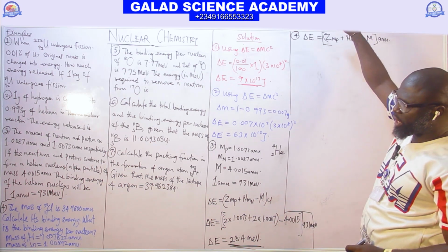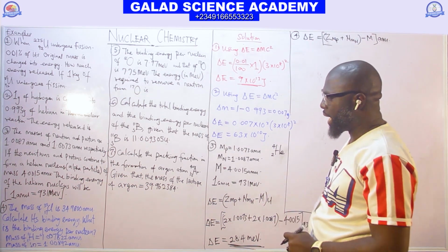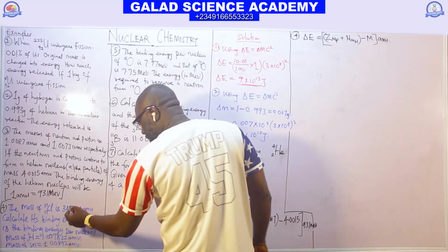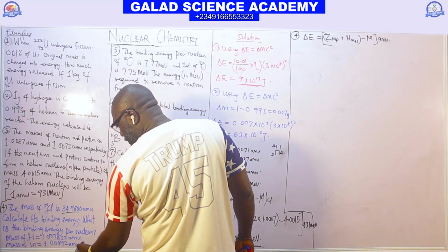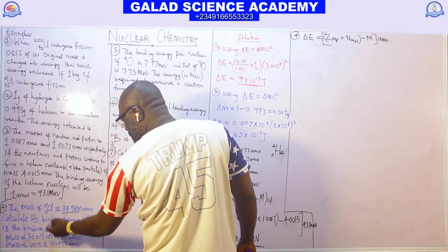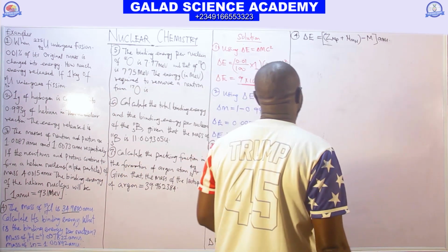So we are given chlorine. The M for chlorine is this. This is M, mass of proton, mass of neutron, number of proton and neutron.